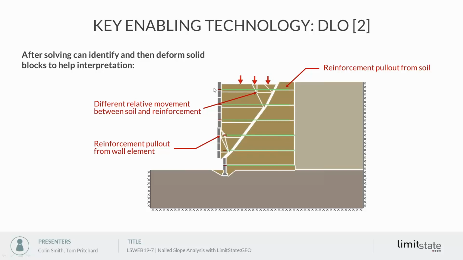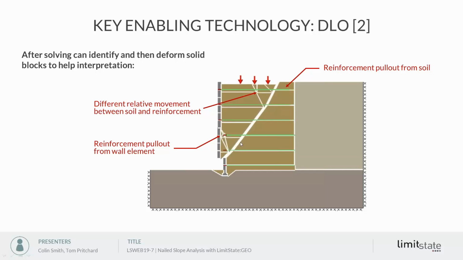That facing block is moving out, and so you can see here that the reinforcement is being pulled out of this stationary block of soil at the back. Here we've set it up so that there is a rather weak link with the facing block, so in this case the reinforcement stays where it is and the facing block is pulling out of the reinforcement as this wedge slides down.